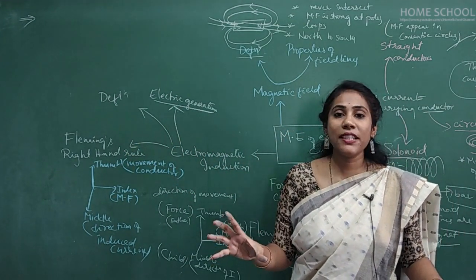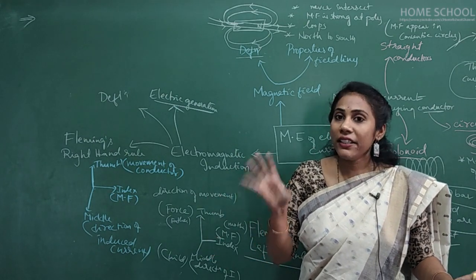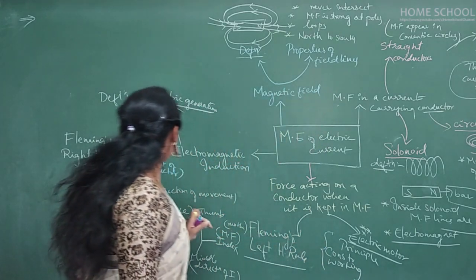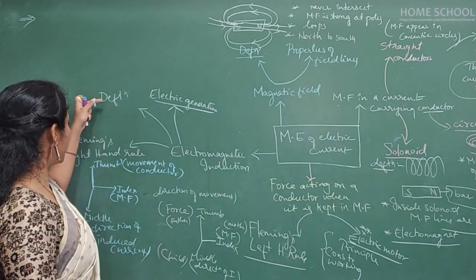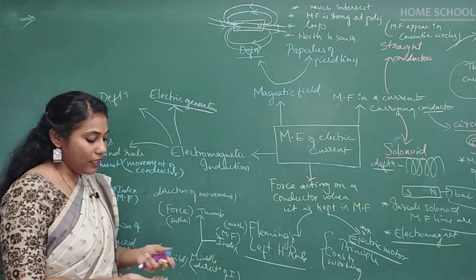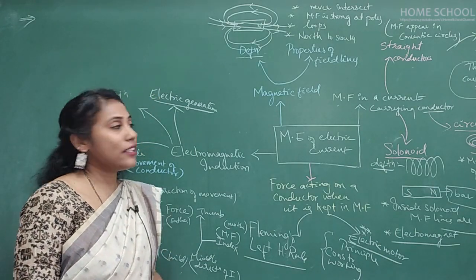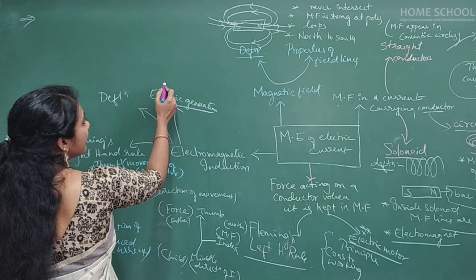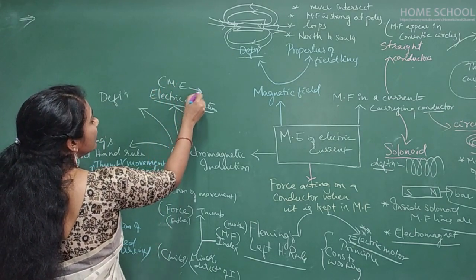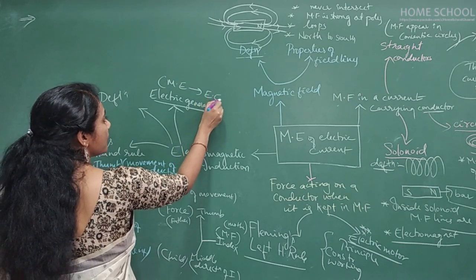Actually, both are opposite concepts. You have to be very, very careful in understanding them. Clear? After the definition and Fleming's right hand rule, we come to the electric generator. In the electric generator, mechanical energy is converted into electrical energy.